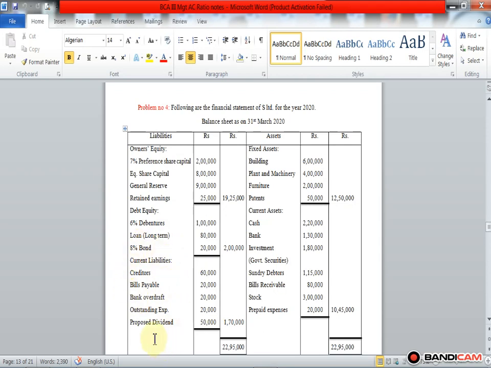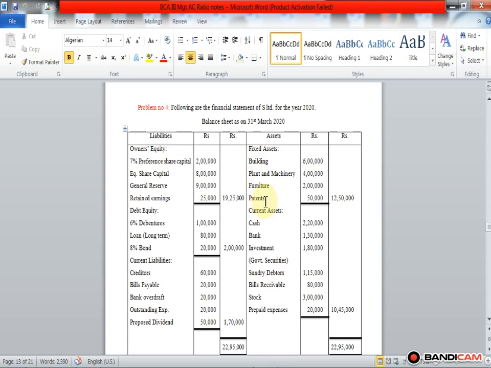Current liabilities of Yes Limited are creditors rupees 60,000, bills payable rupees 20,000, bank overdraft rupees 20,000, outstanding expenses rupees 20,000, proposed dividend rupees 50,000. Total current liability is rupees 1,70,000 and total of the liability side is 22,95,000. Now we read the asset side of the balance sheet.